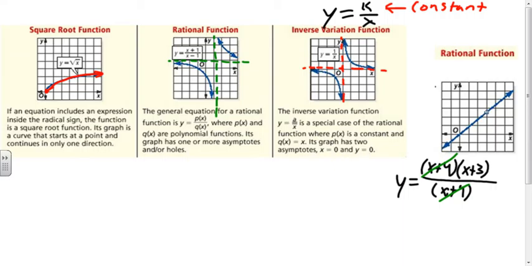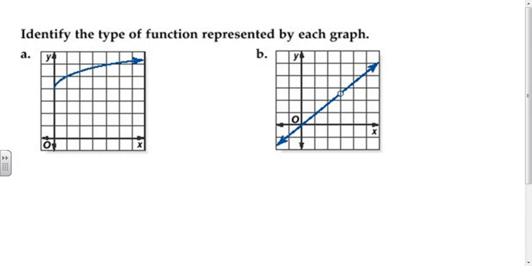But it would act then like the line y is x plus 3. So in this case, here is our line that it's acting like, but we created a hole right here at, I believe that's x is positive 3. So that would be another form of a rational function.